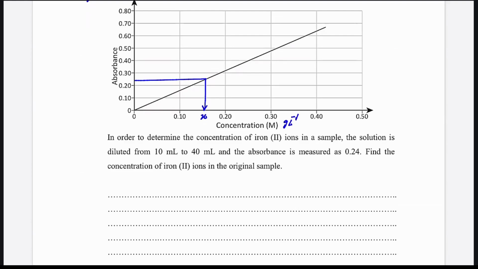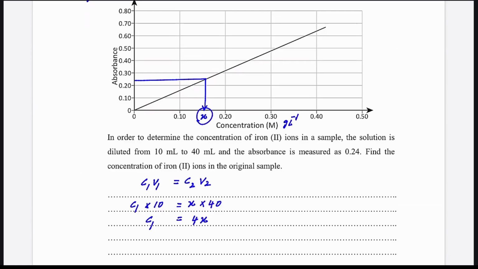Okay. So now 10 to 40. It's going to be C1V1 equals C2V2. C2 is that X value, V2 is 40, V1 is 10, and C1 is what you need to find. So C1 is equal to 4X, where X is the number read from the graph.